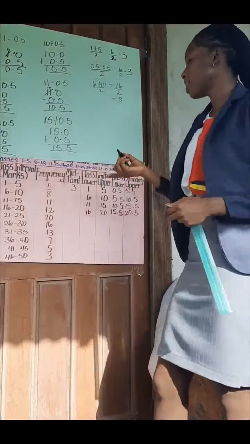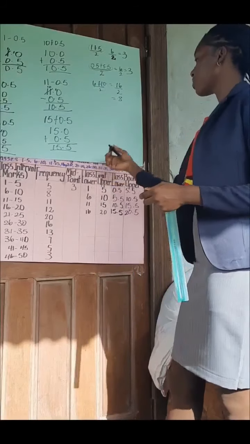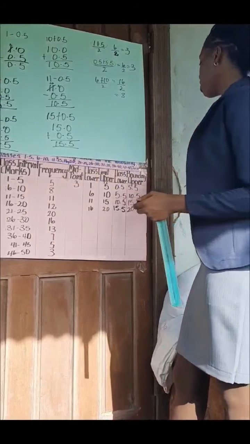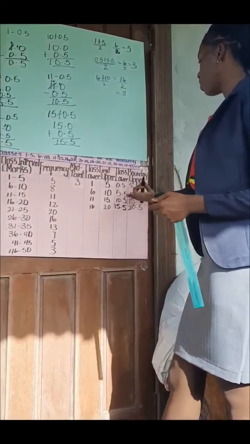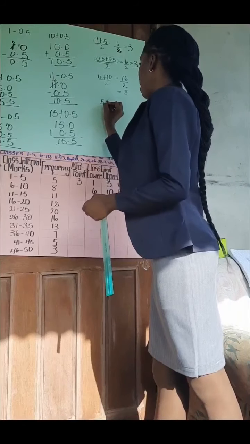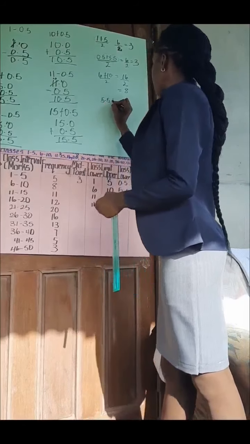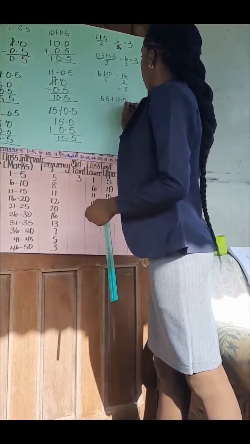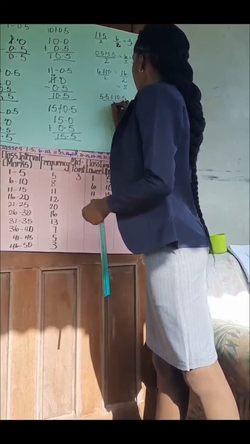Right? This is what we have when we use our class limit. Let's use our class boundary. So it's 5.5 plus 10.5 divided by 2.